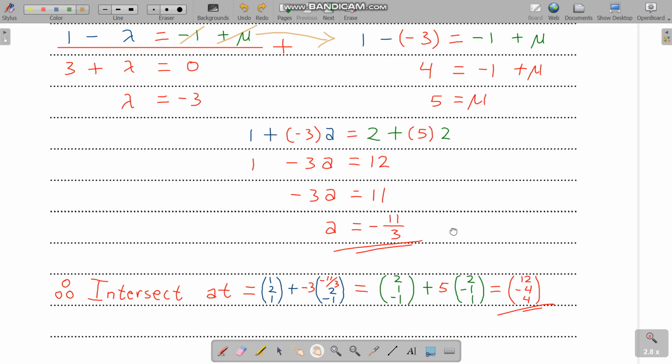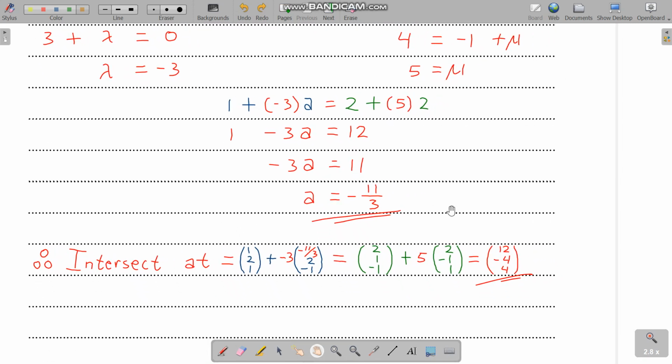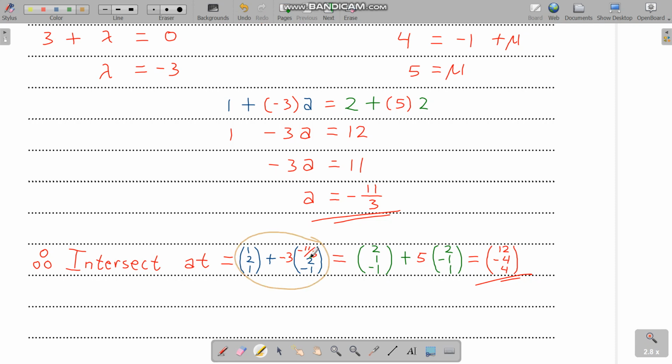After we find the value of a, to find the intersection point, just replace the a with minus 11 over 3 and replace lambda with minus 3, replace mu with 5. We can use this line equation and we're going to get this, or we can use the other line equation, we're going to get exactly the same thing.